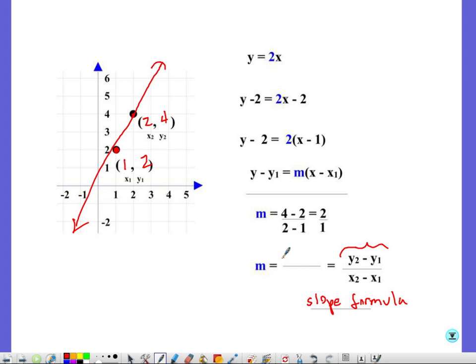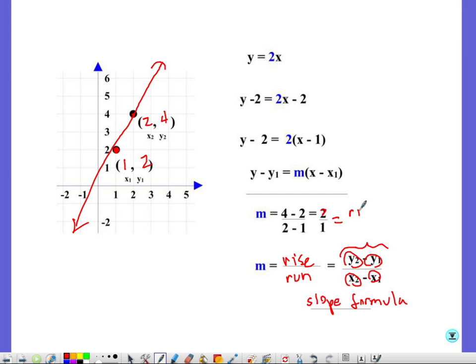Now, another way that we call slope is rise over run. So when we take our x2, y2, and x1, y1 values and plug it into the slope formula, we basically get 4 minus 2 divided by 2 minus 1, which comes out as 2 over 1.